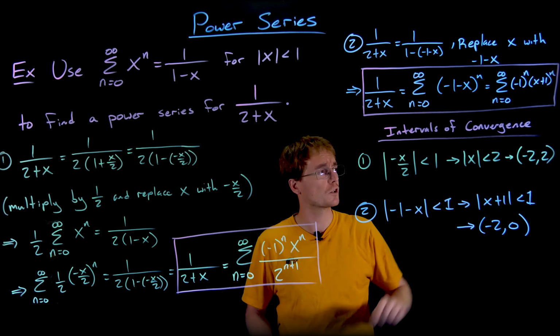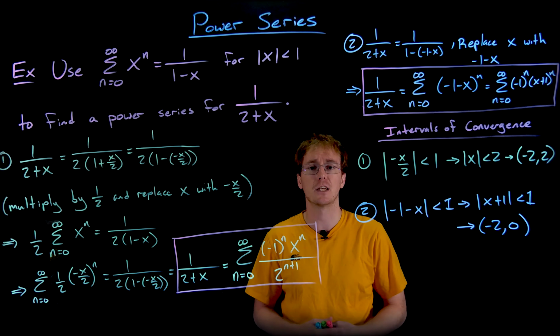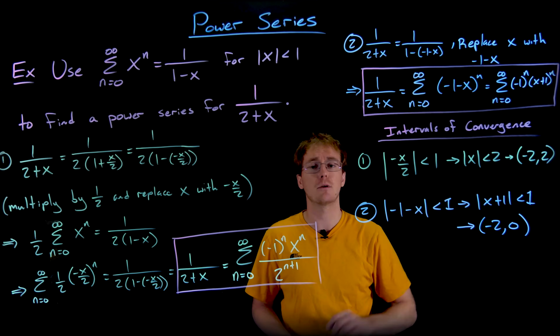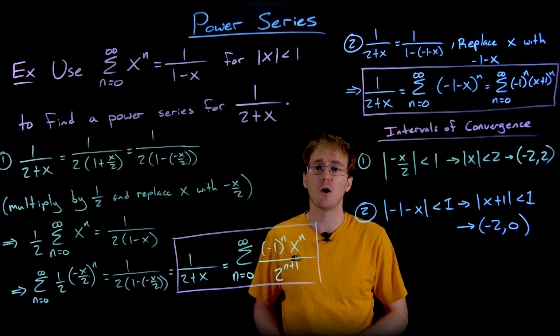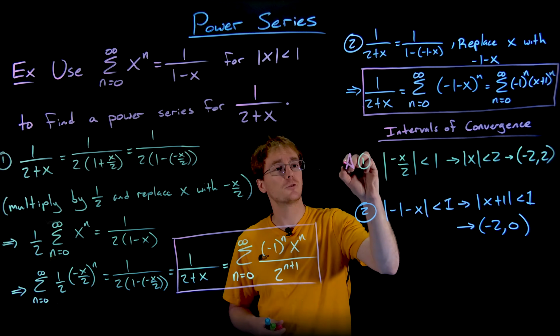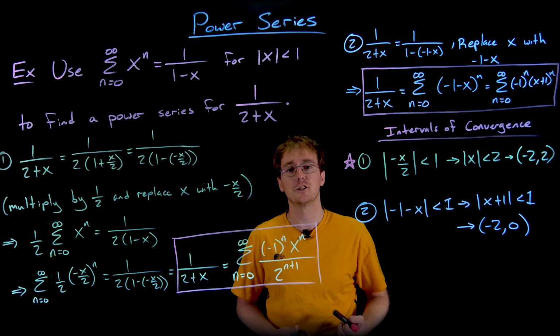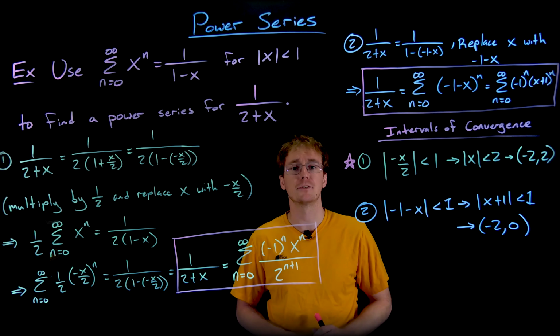We can go 2 more to the right, all the way to +2, if we want to use this series to represent our function, while for our second representation, we are restricted to a smaller interval from -2 to 0. And so for that reason, because we have a larger interval of convergence, I would argue that that first representation might be a better or more useful representation.